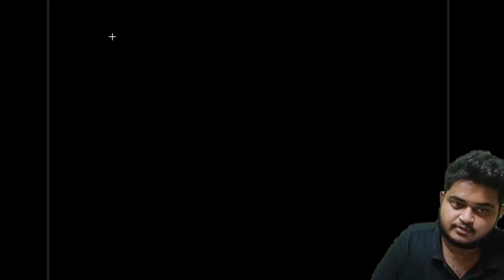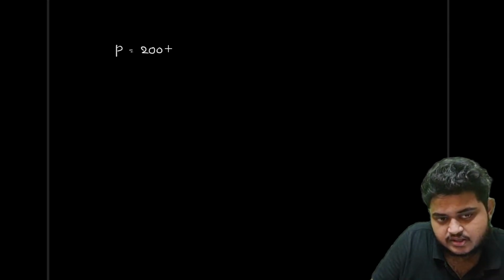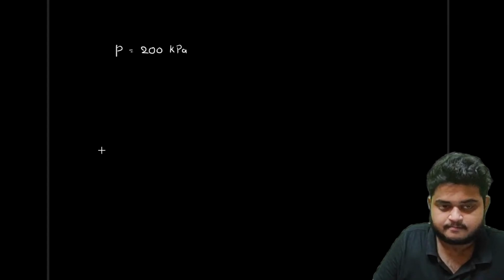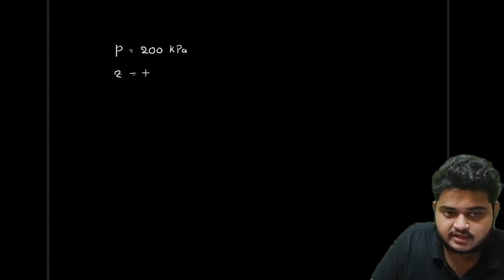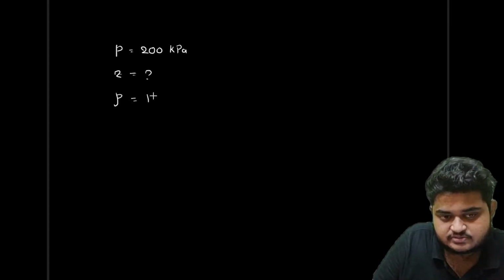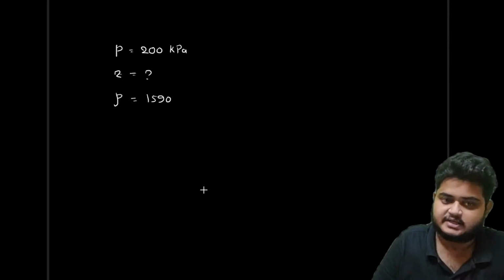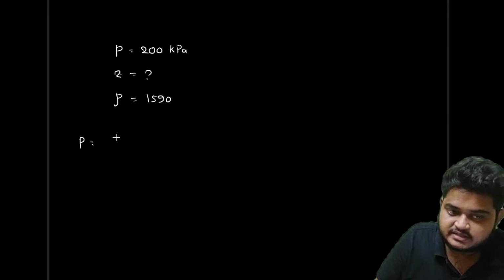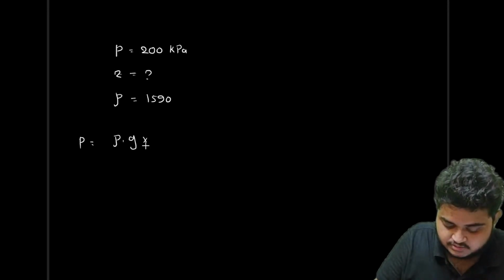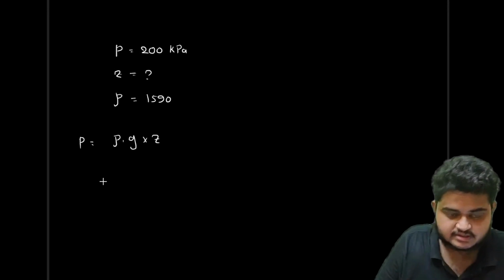So let us calculate. P is given as 200 kilopascal. Z we need to calculate. Rho is given as 1590. So what is pressure intensity? That is rho into G into Z in this case.